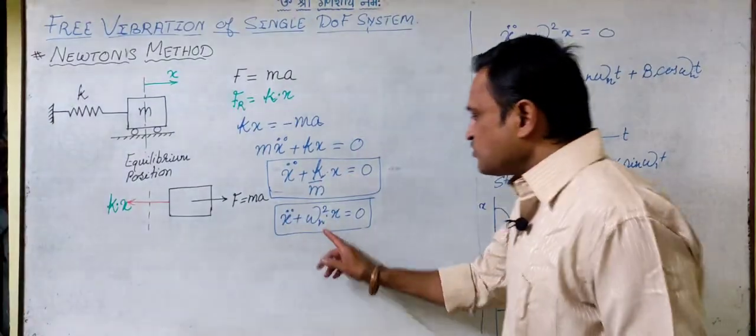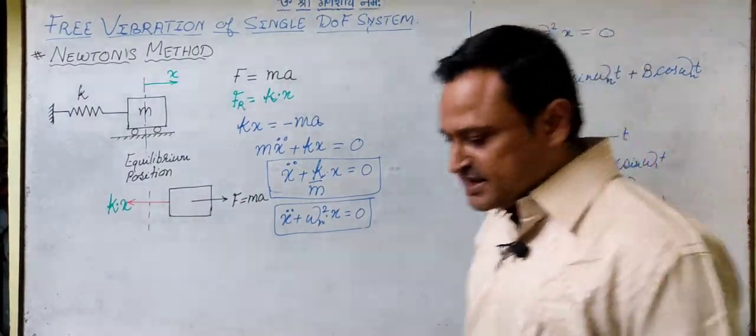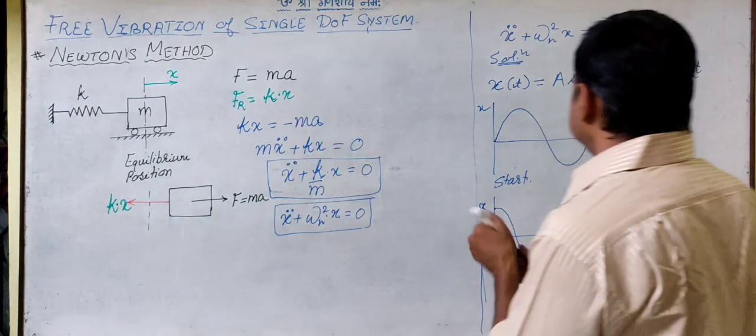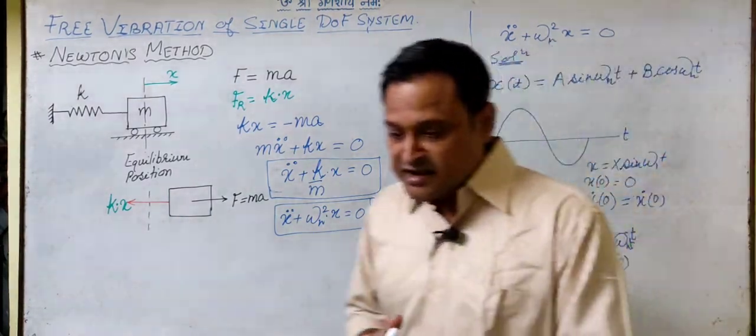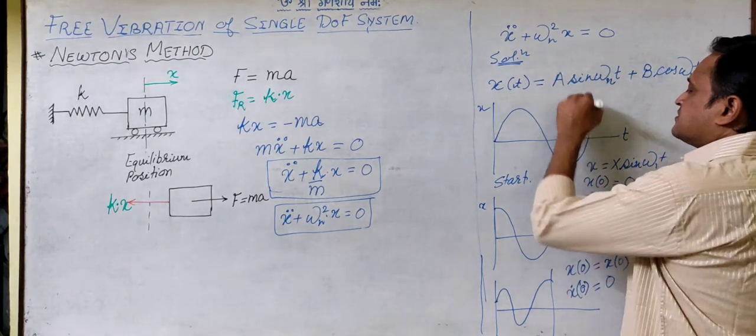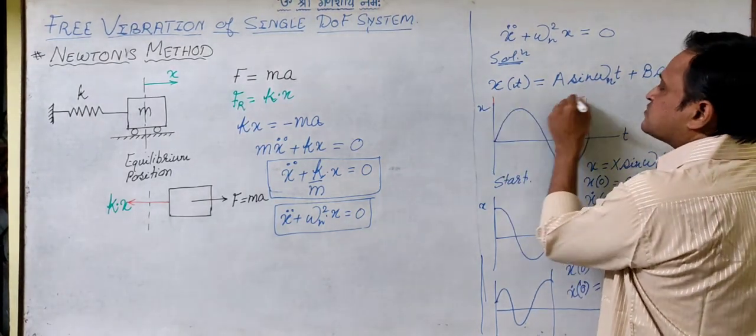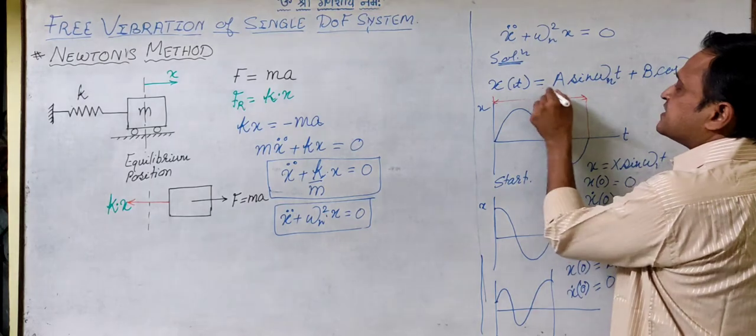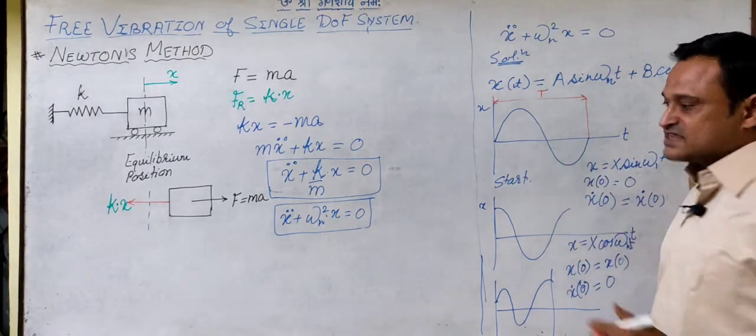So here this omega n is representing the natural frequency. For this I can say this is the time period for one cycle.